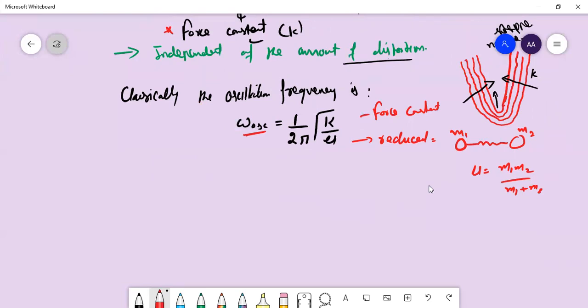And the reduced mass is inversely proportional. So higher the mass of the atoms of this molecule, lower will be the oscillating frequency, and lower the mass, higher will be the oscillating frequency.